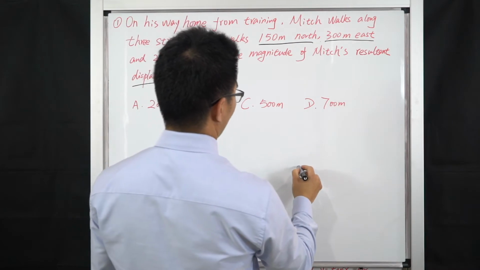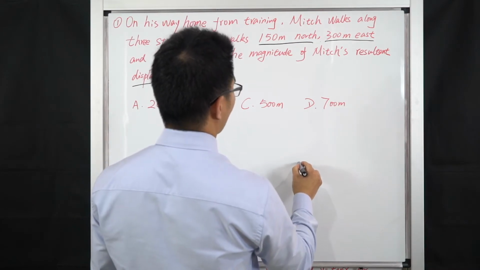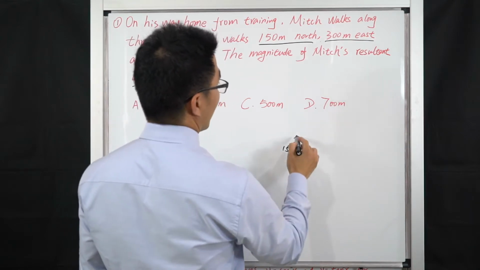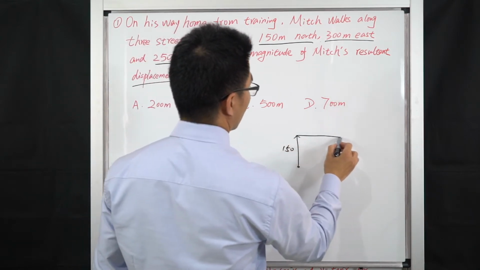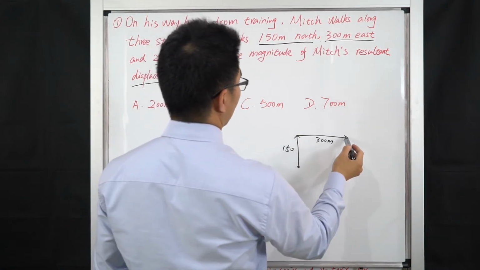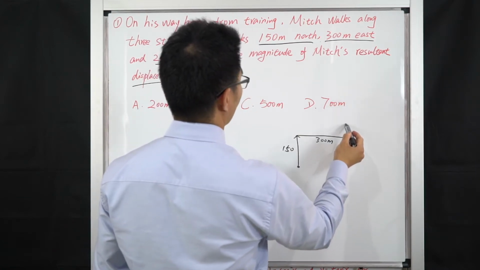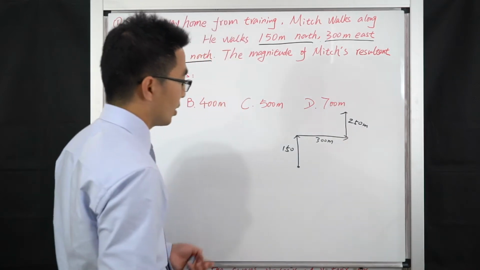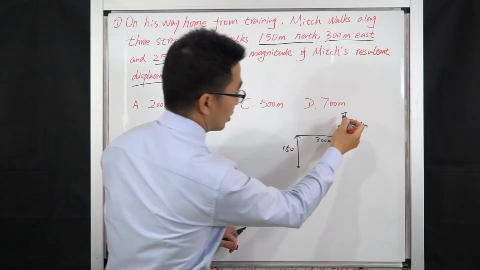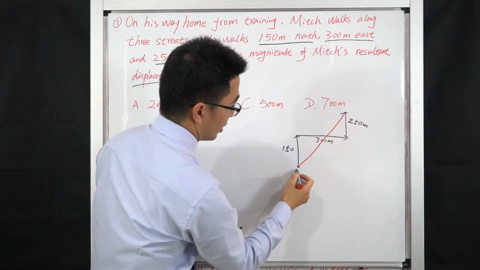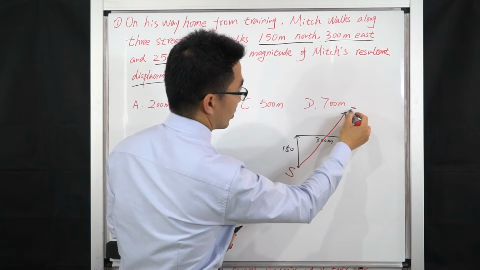Okay, first of all, he walks north 150 meters, right, and then walks east 300 meters, and then turns to north with 250 meters. So the question asks for the displacement. Here is the starting point, here is the end point, right?